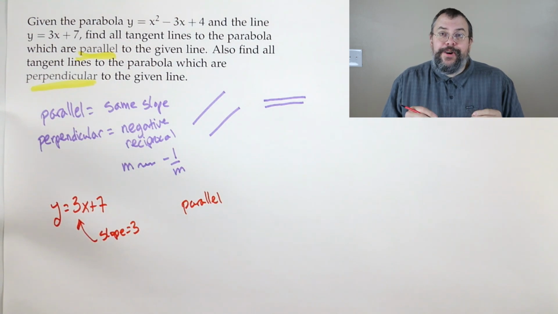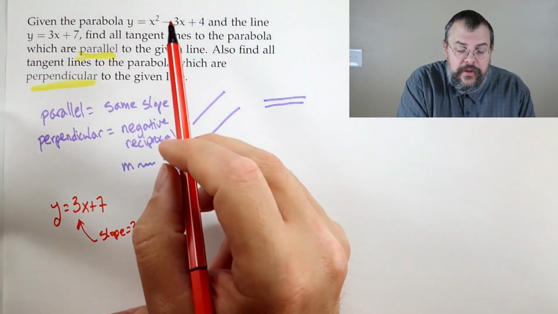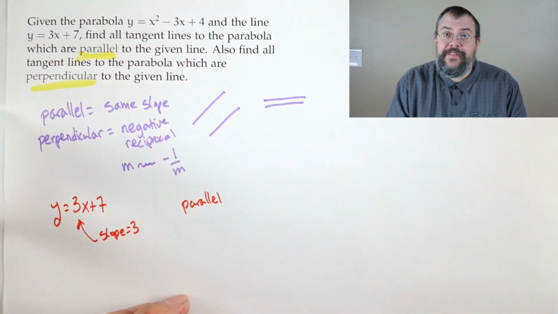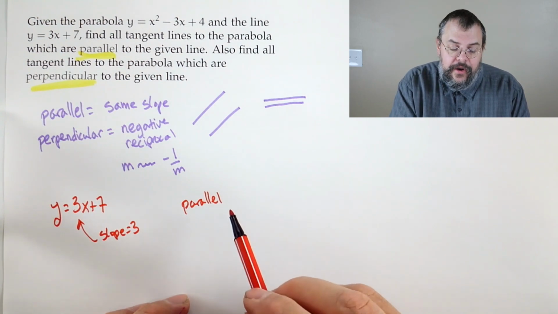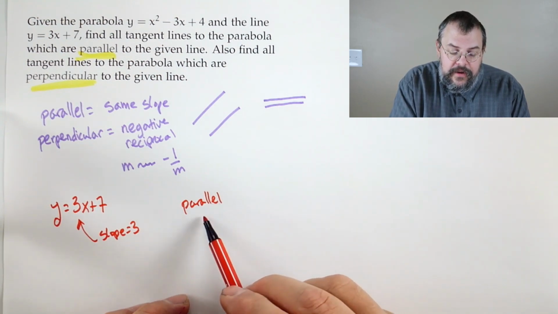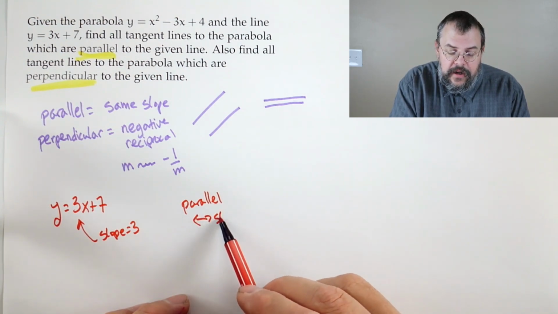So our goal is, where does our tangent line have a slope of 3? Now, this is a quadratic. The nice thing is we actually know how to find the slopes of quadratics. We just did it. And so for parallel, we need to have slope 3.